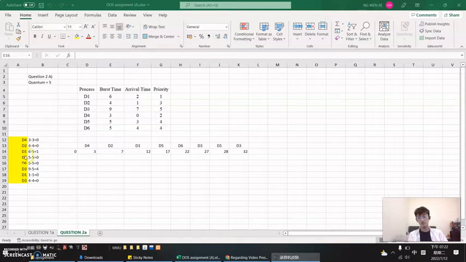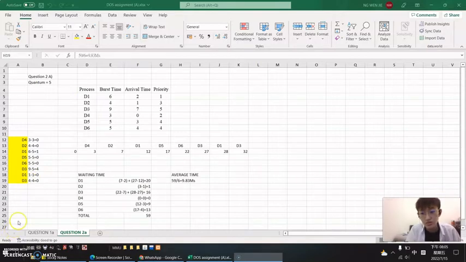And then next will be D1, D5, D6, D3, D1, and D3. And next is question 2, waiting time. Just the example D1, because the D1 will process at 27, and arrive time is 2, so 27 minus 2. Also the D1 will be processed in 2 time, so 27 minus 12, and we will get 20.